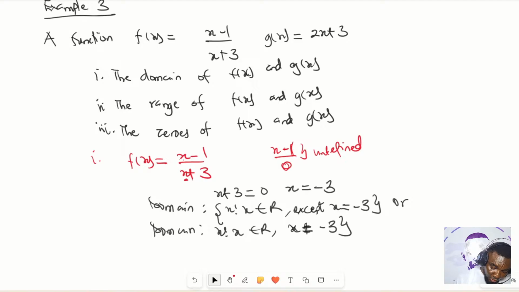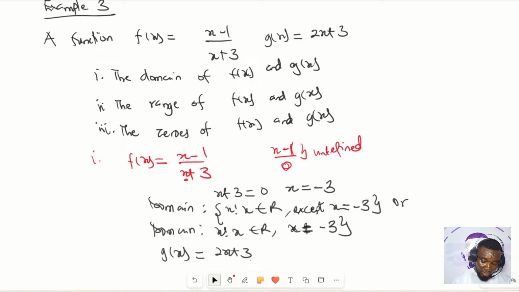On the other hand, we have g of x. So g of x is equal to 2x plus 3. For this, once it's a polynomial function, it is not defined on some clear terms, so the domain will be the domain on all real numbers.